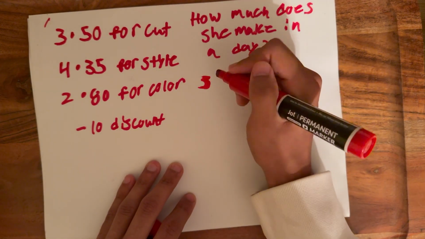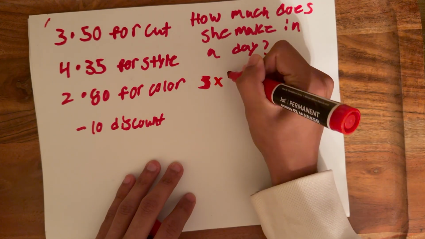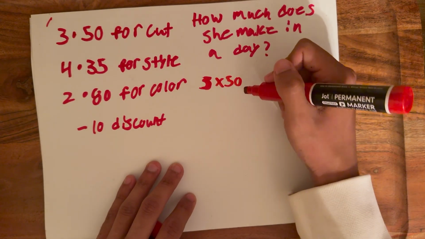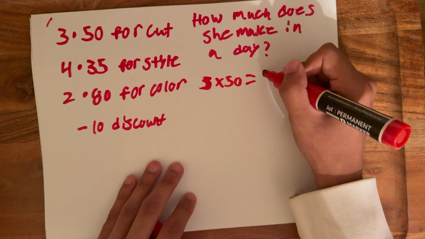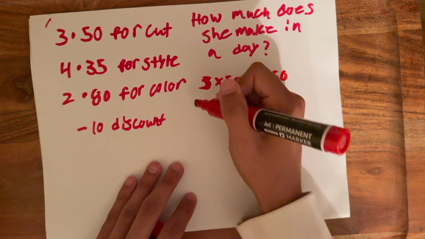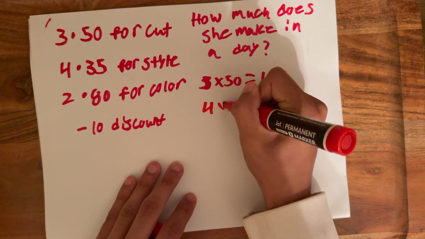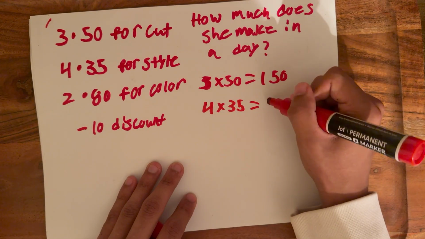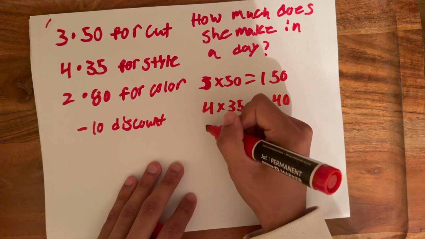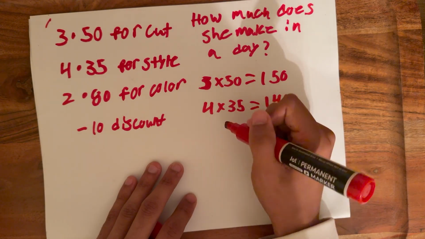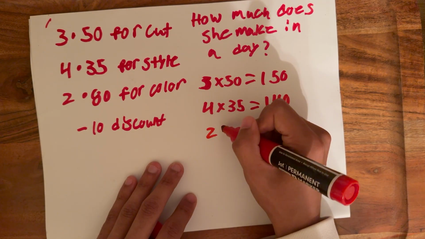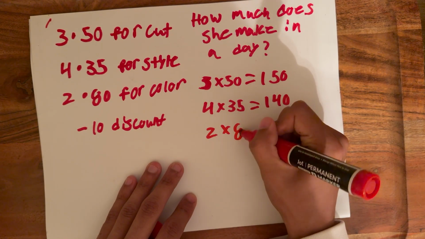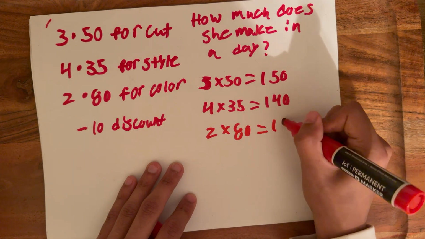3 times 50 equals 150. 4 times 35, 140, and for the color, 2 times 80 equals 160.